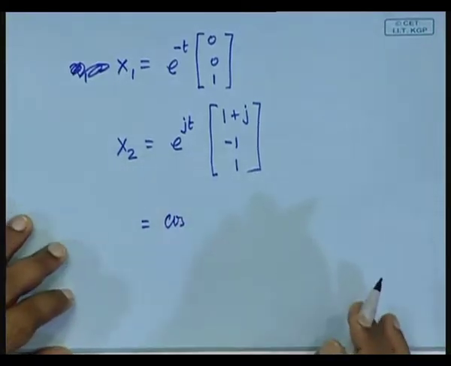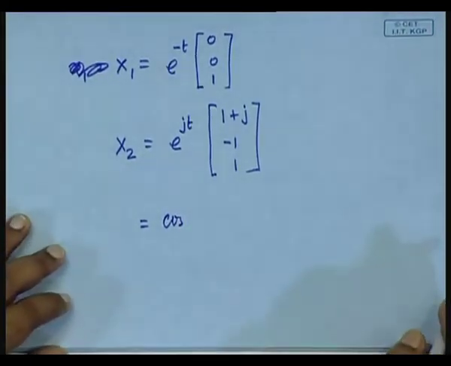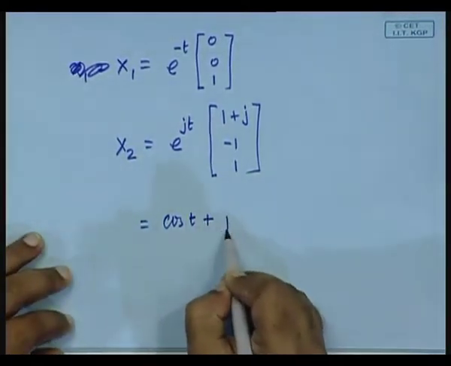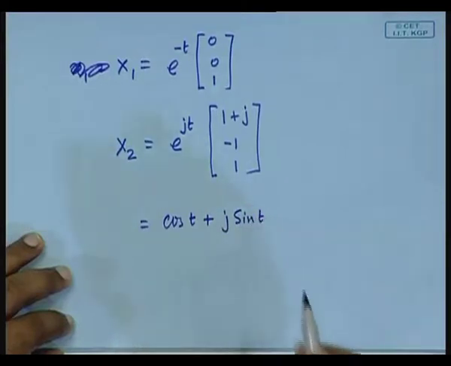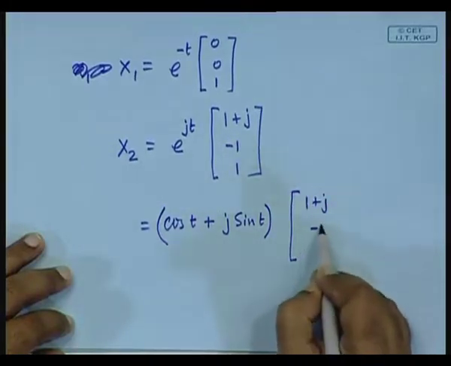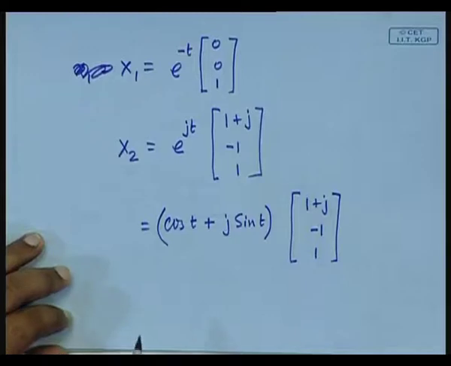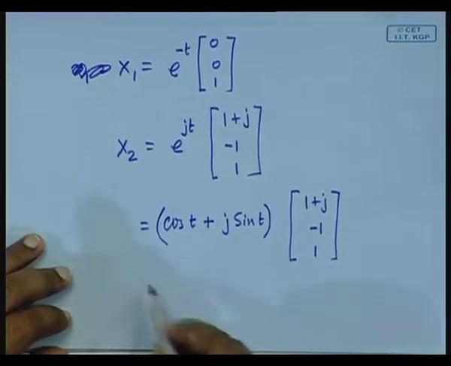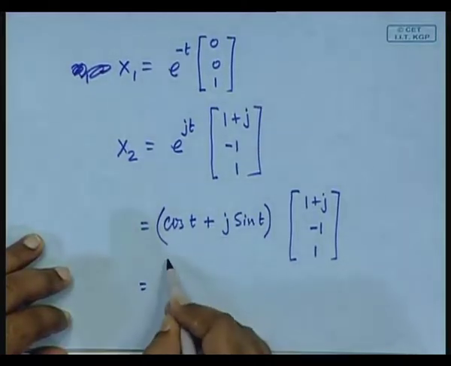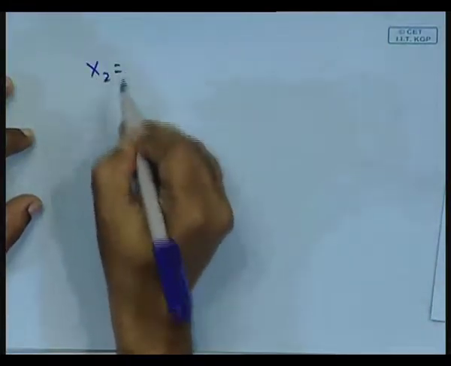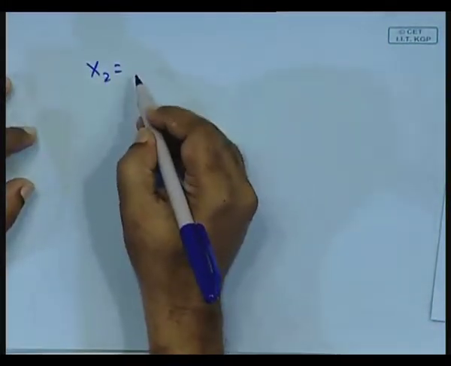Cos t plus j sin t, times 1 plus j minus 1 1. This yields, I'll write separately, x 2 is equal to, there are two parts.